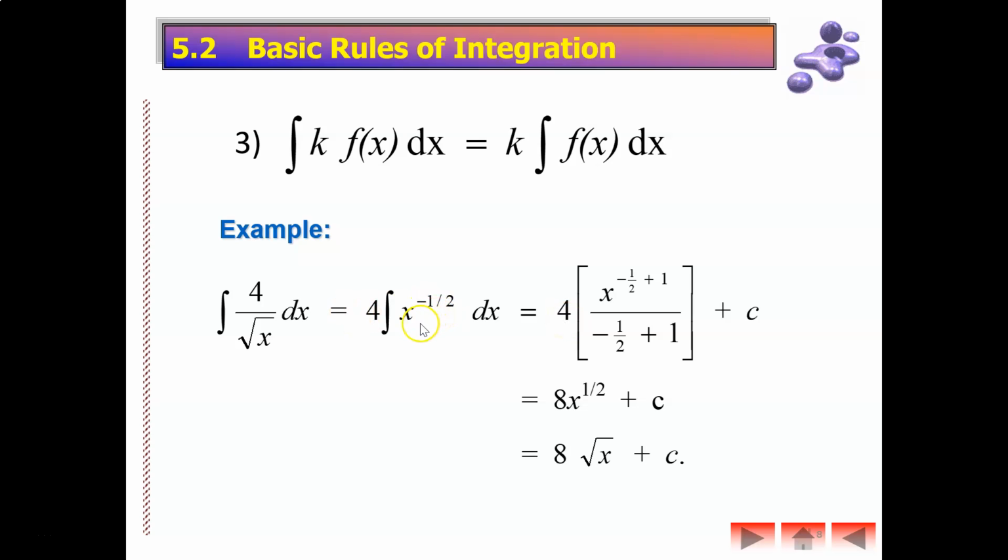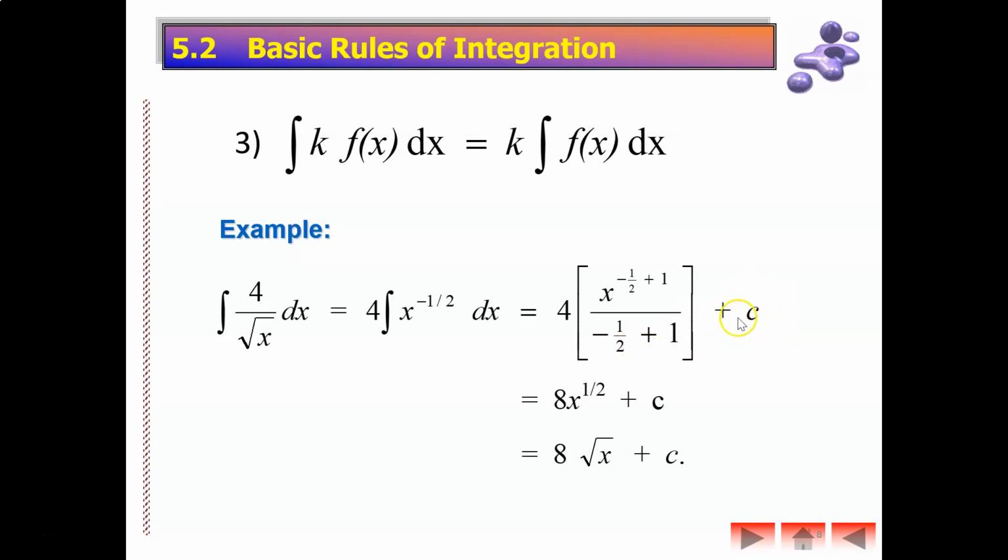So together, let's do this. Integrate x to the power of negative 1 over 2. Remember, when you have a power, you need to plus 1: x to the power of negative 1 over 2 plus 1. Then you divide by the whole new power, so you divide by negative 1 over 2 plus 1.